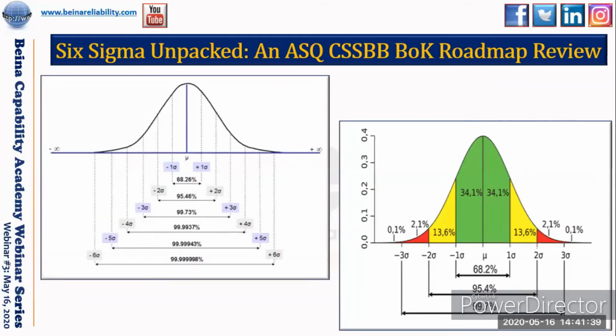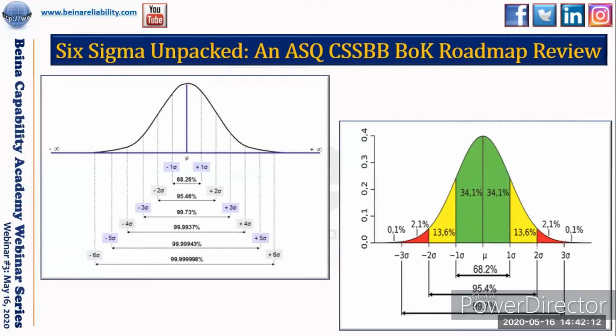Here again, I have the normal curve distribution explaining the sigma process. I'll start with the graph on my right, the colored graph. This is a common and popular graph we see when doing statistical process control. The center line, measured between the peak of the curve and the x-axis, gives you the mean, sometimes called the process mean.